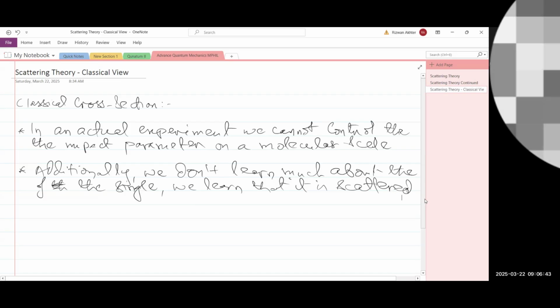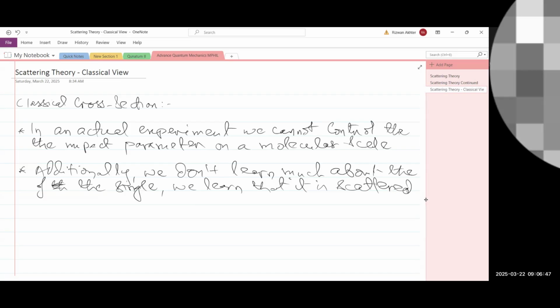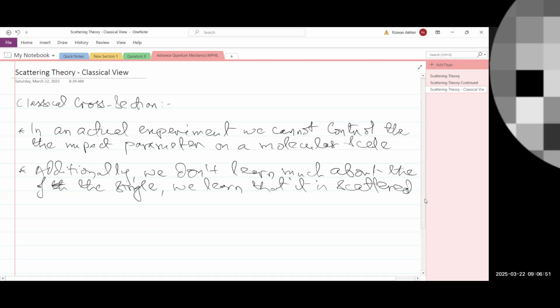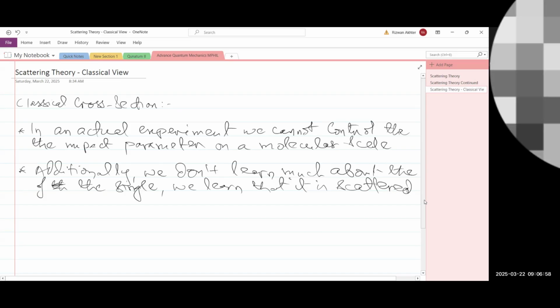A typical experimental setup would consist of a beam of particles with a well-defined velocity entering into a gas of target particles. These projectiles would then impinge on the target with possibly different impact parameters. That is what is unknown in an actual experiment.